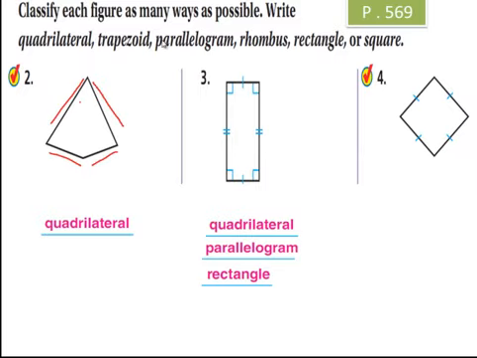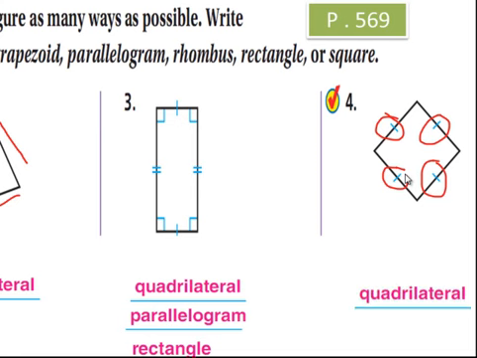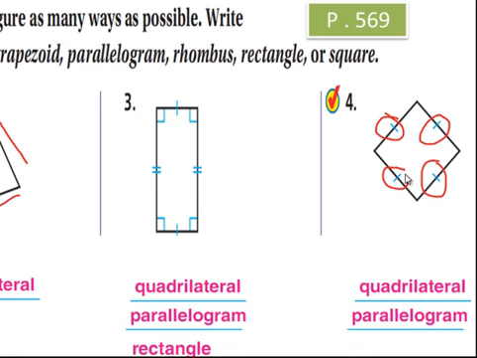When you see this sign, what should you tell me? Great, rhombus. But what should you write at first? Quadrilateral, then parallelogram, then rhombus. Great job.